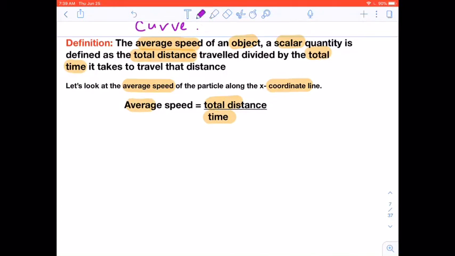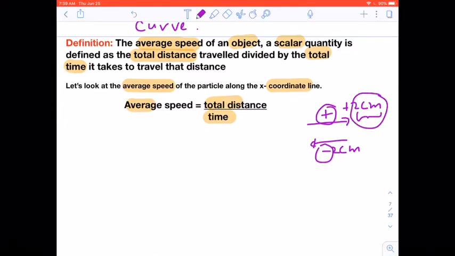So if we look at our particle that was moving in that direction or in that direction, it's minus 2 centimeters or plus 2 centimeters. When we deal with average speed, we are not concerned which direction it moves. All we're concerned about is the distance that it covers.